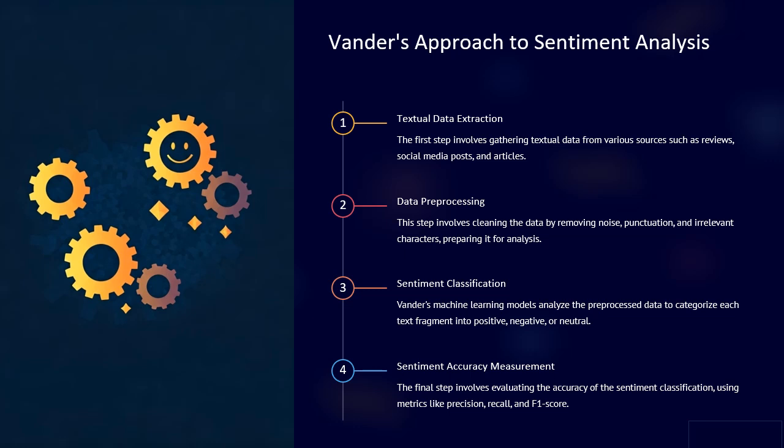Lastly, the F1 score is a metric that combines precision and recall into a single measure, providing an overall picture of the model's accuracy. By evaluating the model with these metrics, the Vader approach ensures that the sentiment analysis is both reliable and accurate, helping users trust the results.